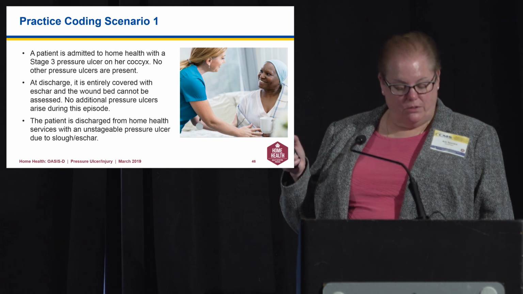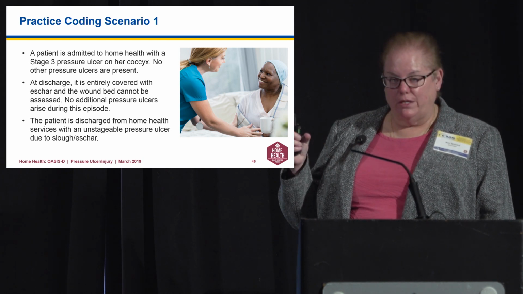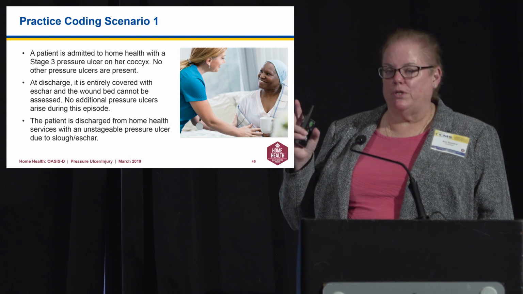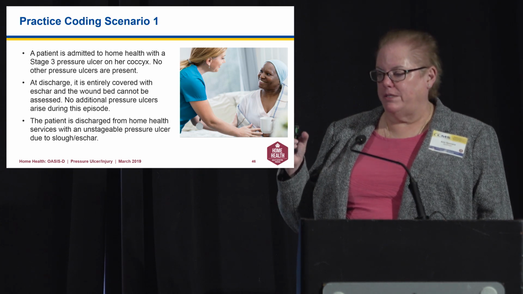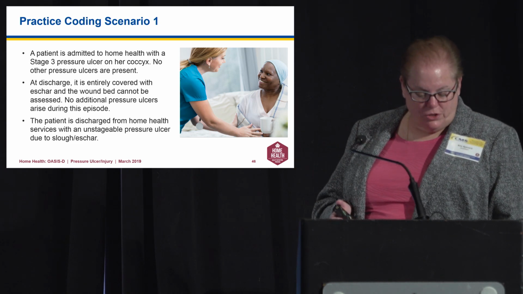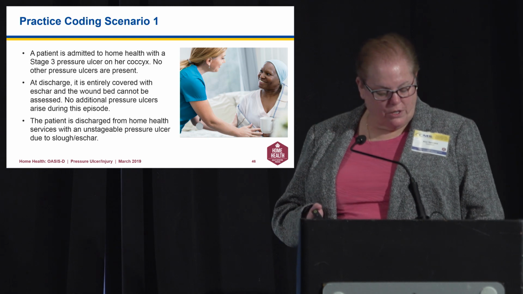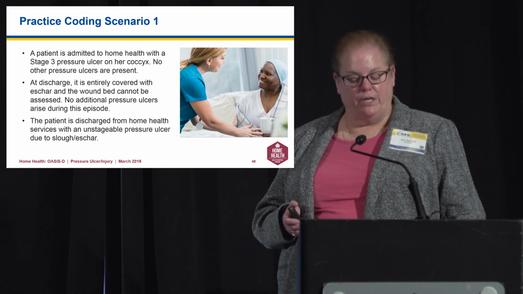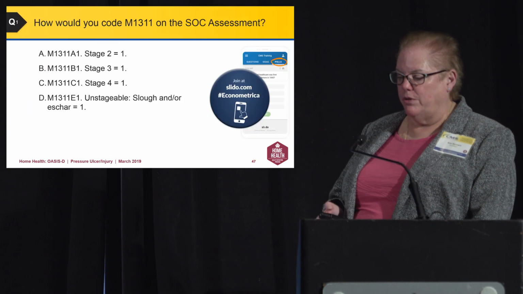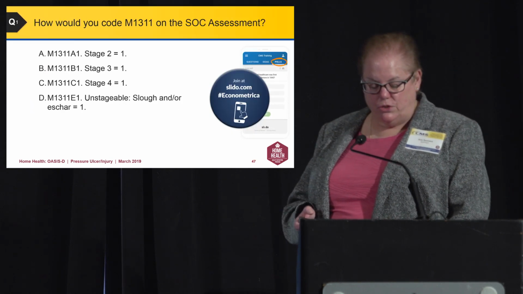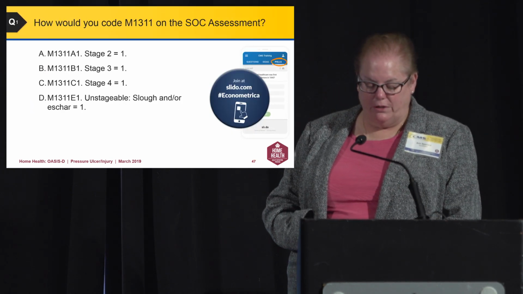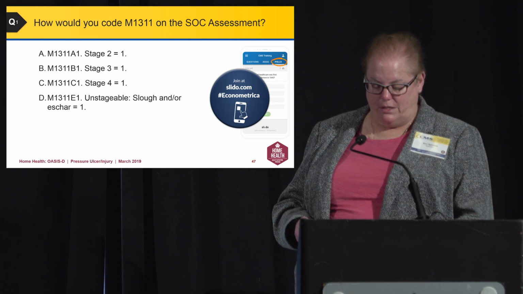So we have admitted with a stage 3, discharge with slough and eschar completely covering that same wound. The patient is discharged from the home health services with an unstageable pressure ulcer due to slough and eschar. So now let's go through and let's code this. How would you code M1311 on the start of care assessment?